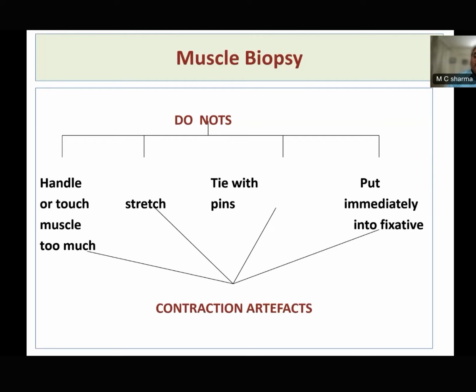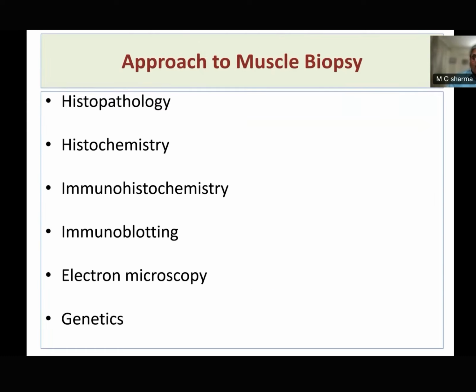But if it has to be sent a long distance, then it should be either in isopentane cooled with liquid nitrogen, or in dry ice. One can transport these muscles. I think within 2 hours there are not many changes, but sometimes enzyme histochemistry may be difficult.